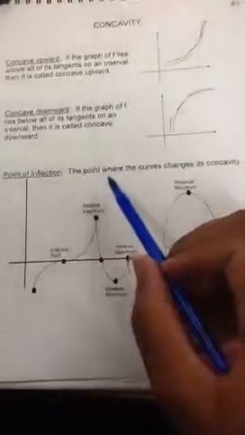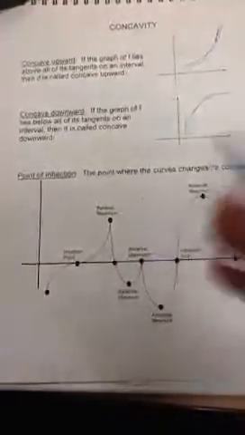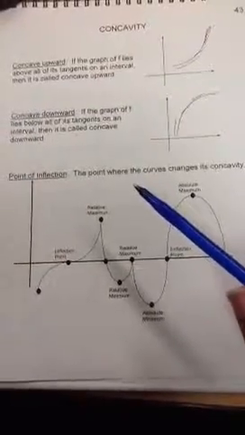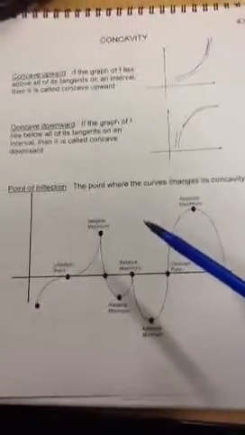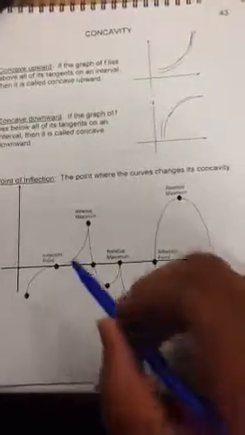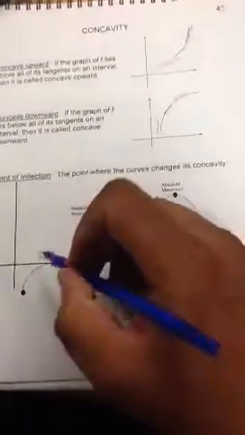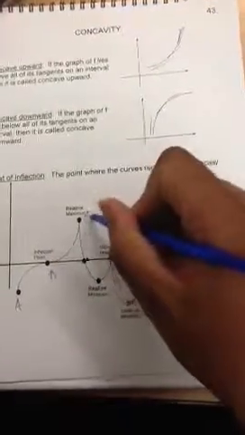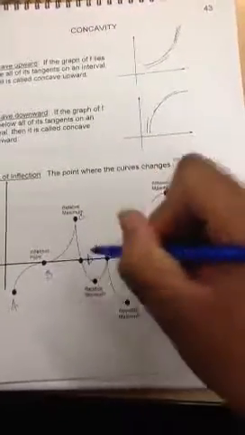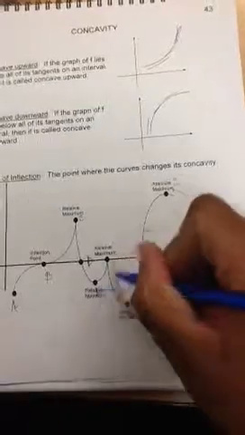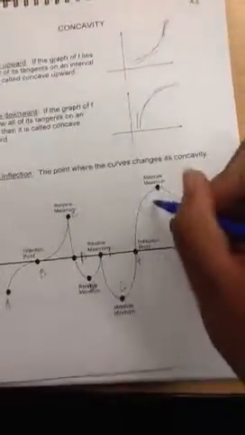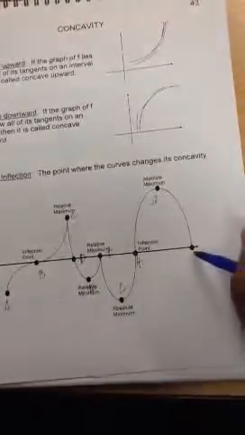A point of inflection is where the concavity changes, from concave up to concave down. So if you look at this little picture, let's label all the points: A, B, C, D, E, F, G, H, I, J.